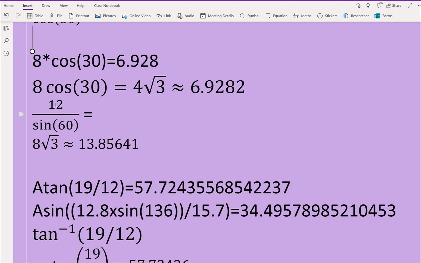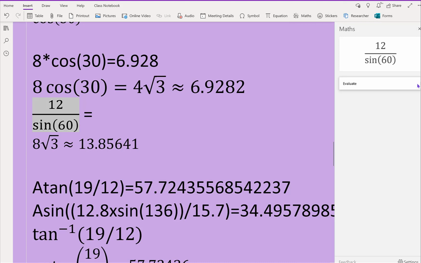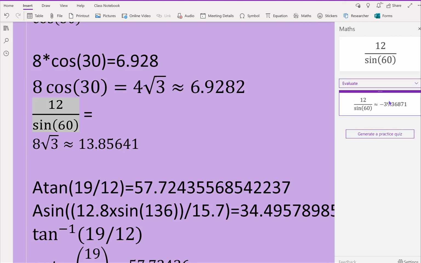So let's take a look at this one here. I highlight the expression, then press maths, evaluate. Now, can you see here? It doesn't look right. The answer doesn't look right.